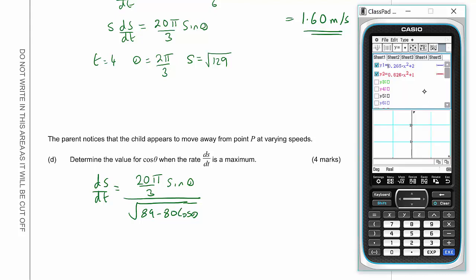So we're going to graph and table, clear out anything we have, and let's input this function.